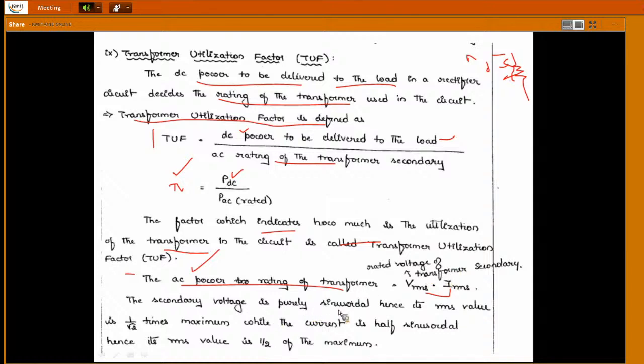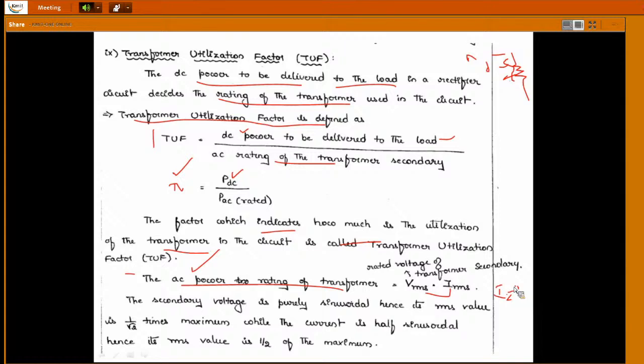The secondary voltage is a purely sinusoidal signal, hence its RMS value is 1 by root 2 times the maximum, while the current is a half sinusoidal signal, so its RMS value is half of the maximum value. IRMS is equal to Im by 2, which is half of the maximum value.